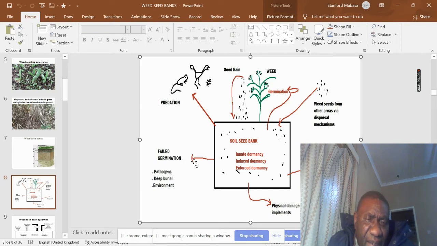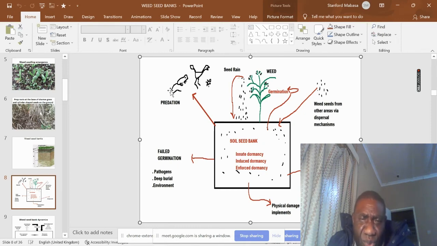The seeds may also fail to germinate, or they may germinate, then they are attacked by pathogens, and then they die. Or they could be eaten by animals. This is predation.